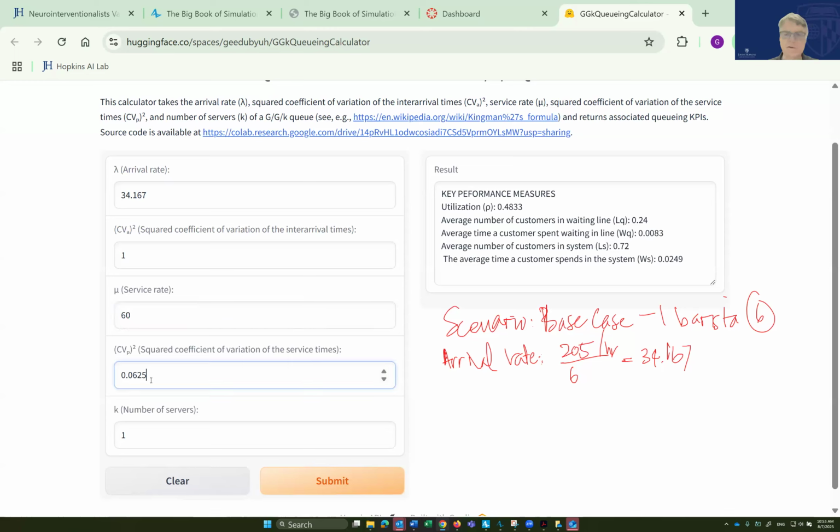And then this one is back to 10 divided by 60 squared, which is 0.0278. So this was that original base case squared coefficient of variation, CV sub p squared. Go ahead and run this.